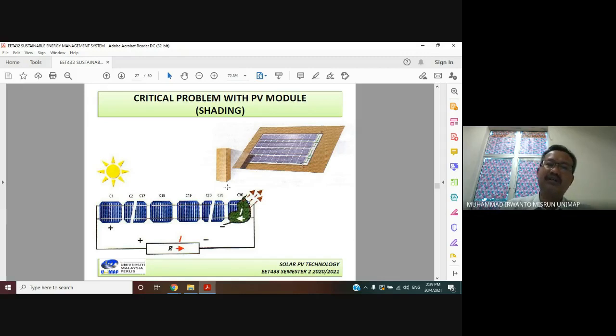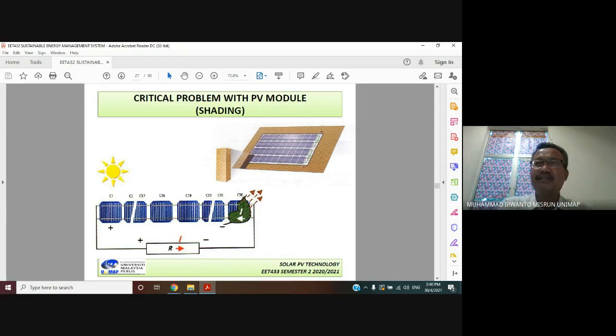If we have one PV module and a leaf arrives on one part of the cell, this part has shading. Current cannot flow here. This condition is not suitable for PV module installation.